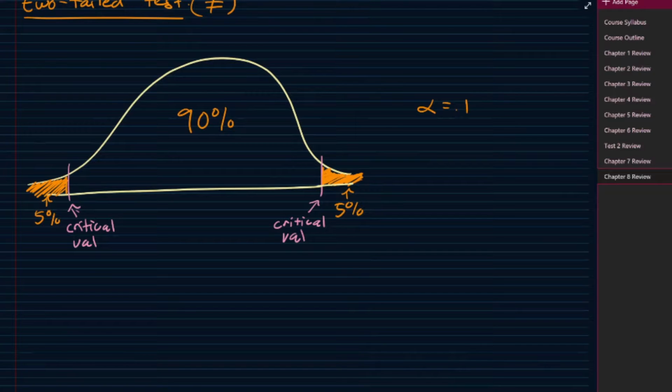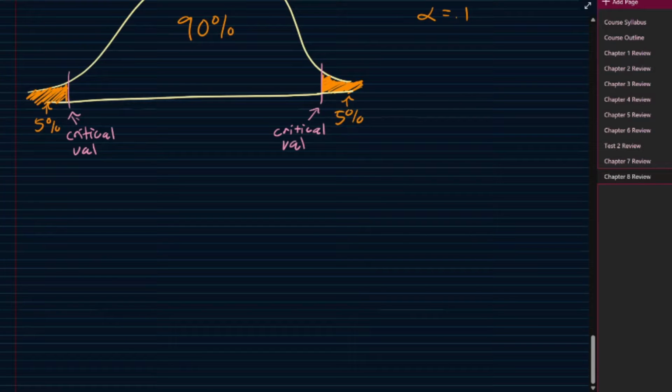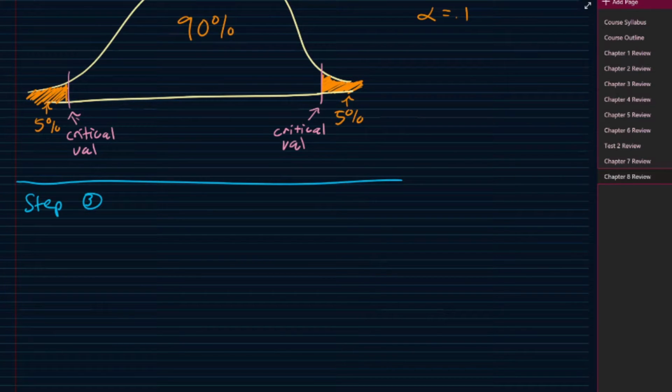Otherwise, it's really easy to come up with the wrong critical values. Okay, so that's step 2, a really long, difficult step. Step 3, remember, is to compute the test value.